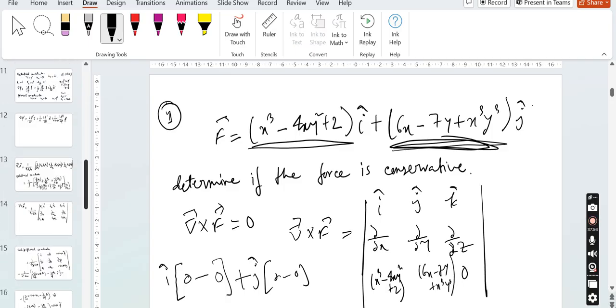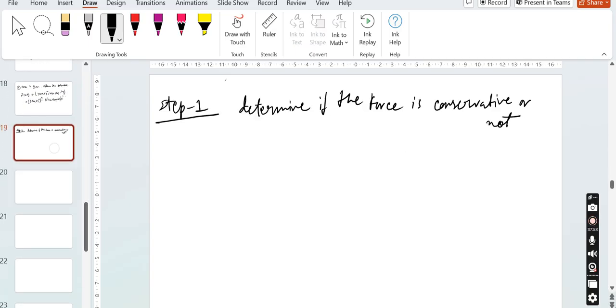For this kind of question, we don't need to give a very detailed explanation of whether it is conservative or not. For your information, you should know whether the force is conservative or not. So we want to do the curl thing very quickly.